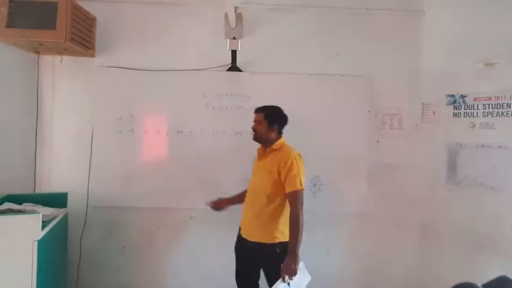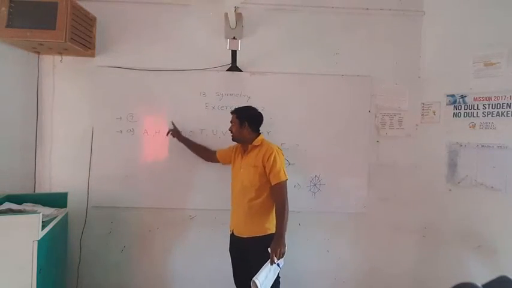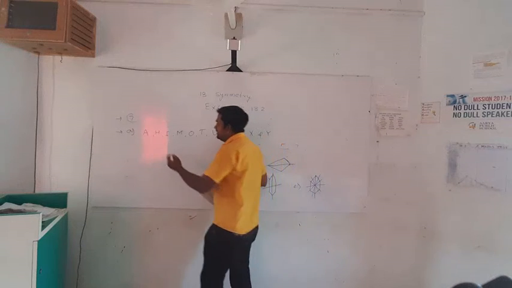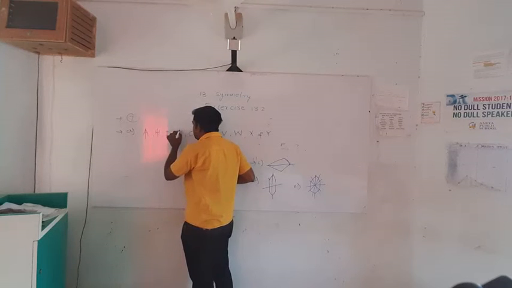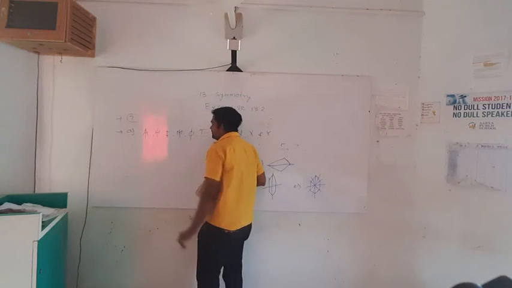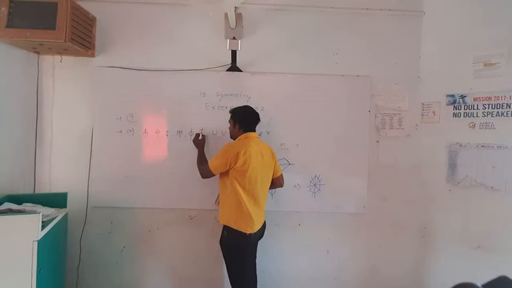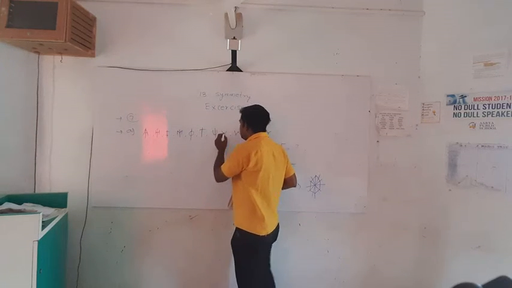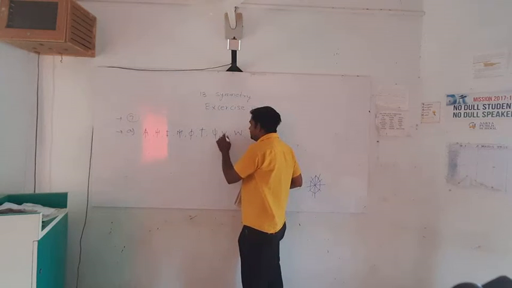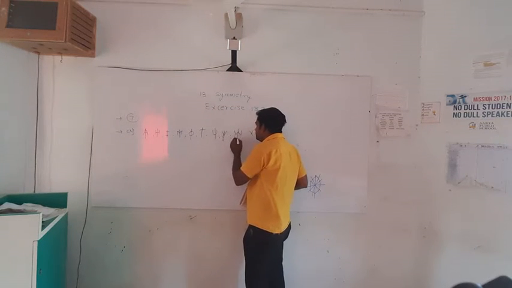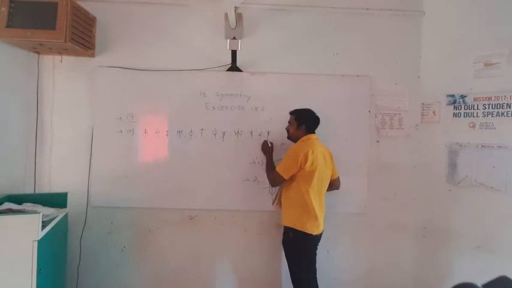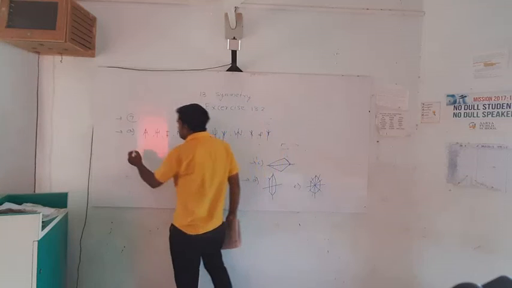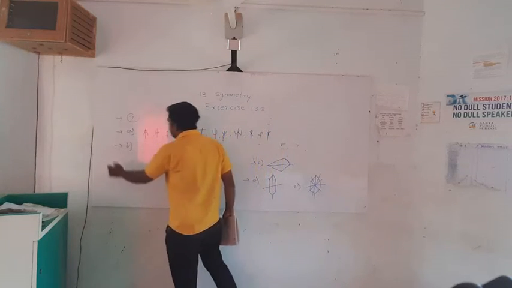Okay, so these letters have only a vertical line of symmetry. Yes, vertical means what? This way. Vertical line of symmetry and Y.